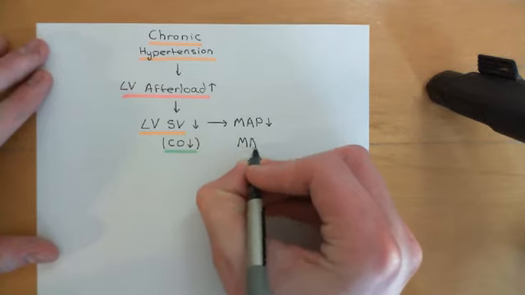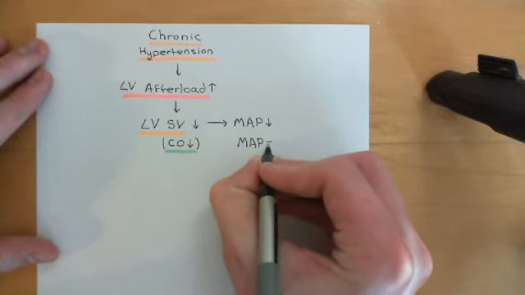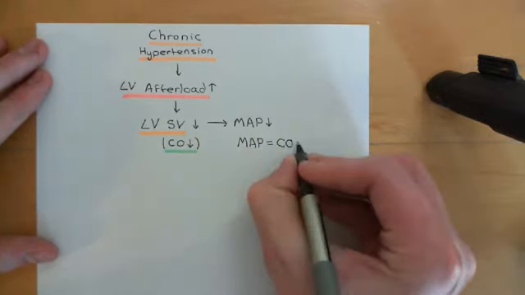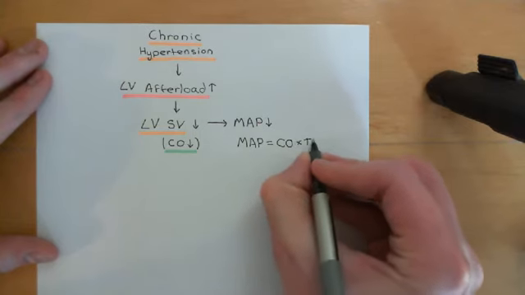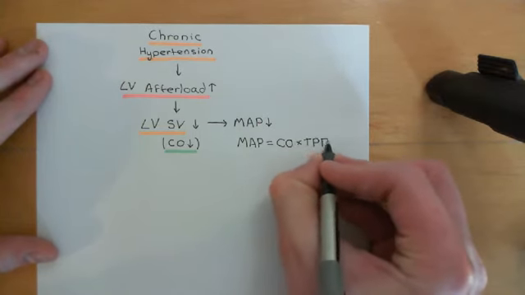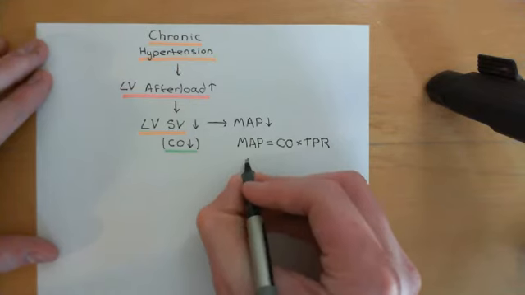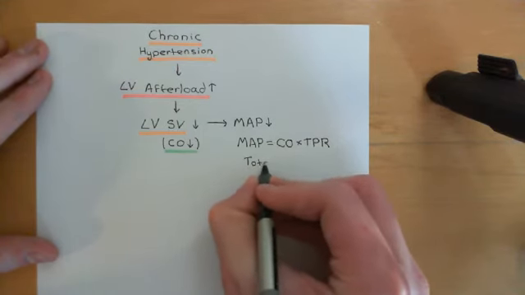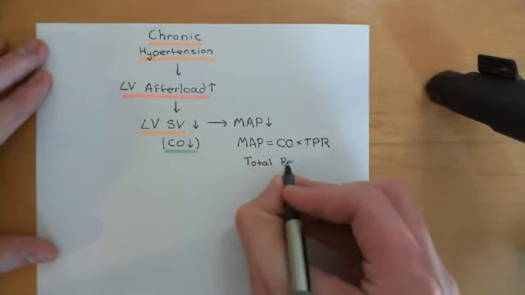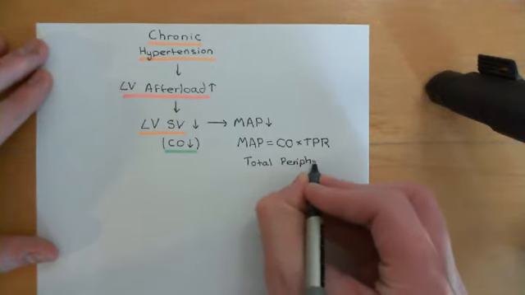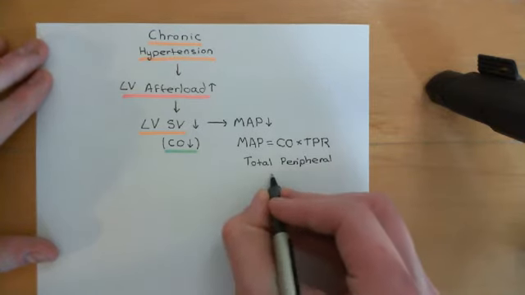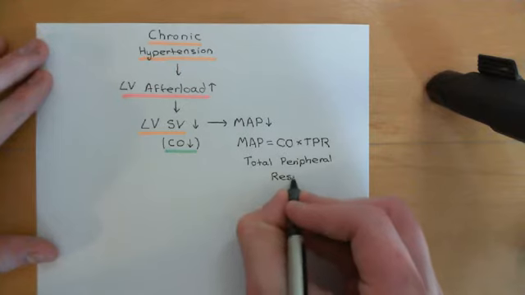So this is that mean arterial pressure is equal to cardiac output times another hemodynamic parameter that we haven't seen yet, which is TPR. And TPR stands for total, that's the T, peripheral, that's the P, and then resistance, that's the R. Okay, so what does this mean?